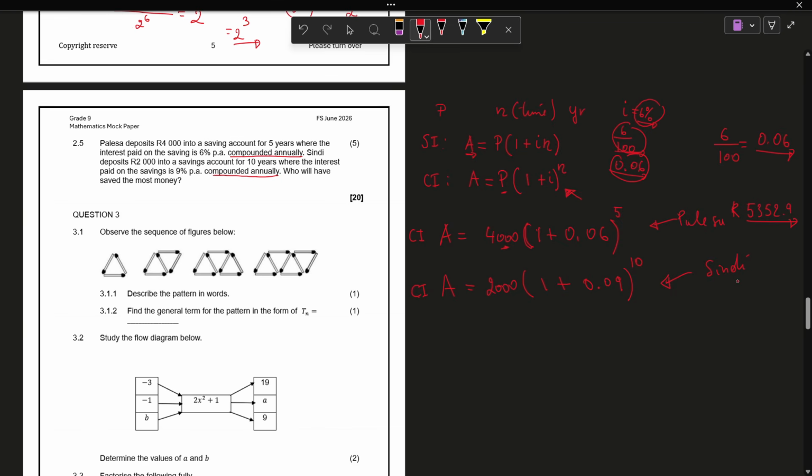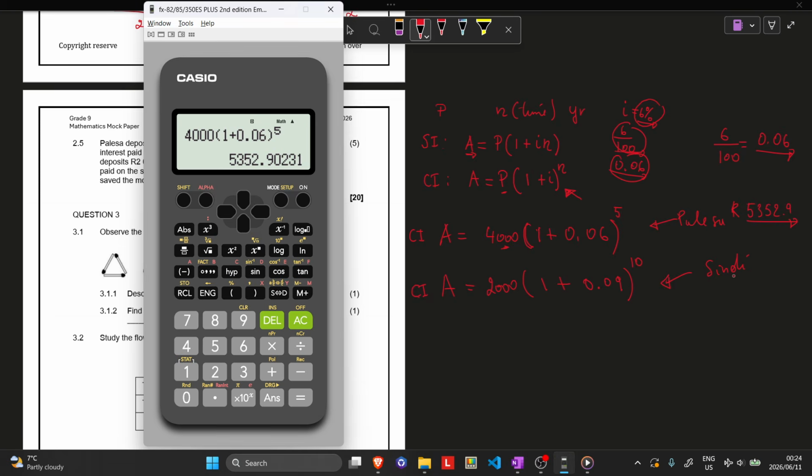Now, what about the second scenario? So let's reset. We'll have 2,000, open brackets, 1 plus 0.09, close brackets, exponent 10.